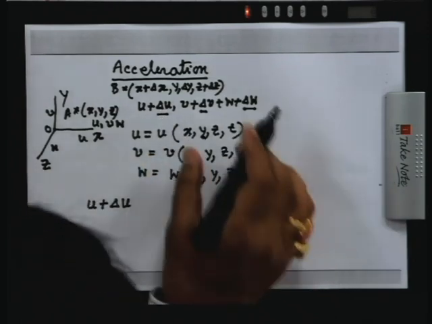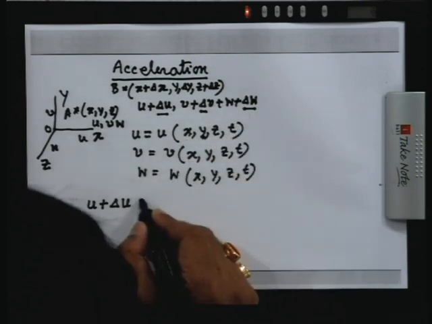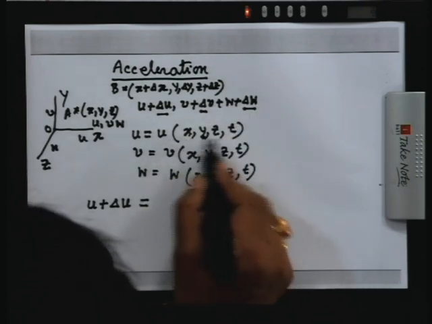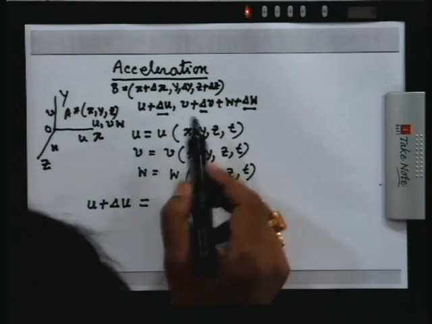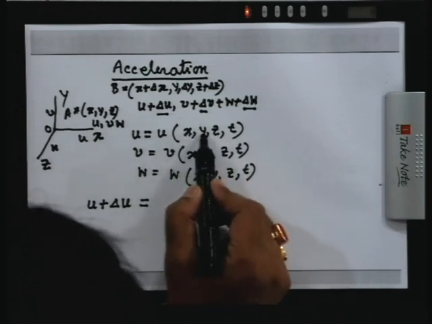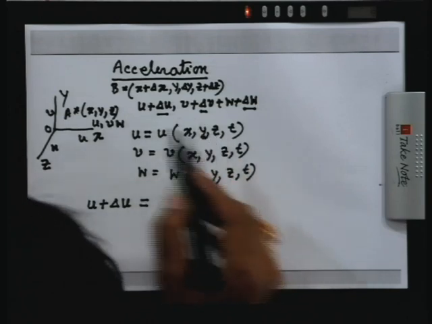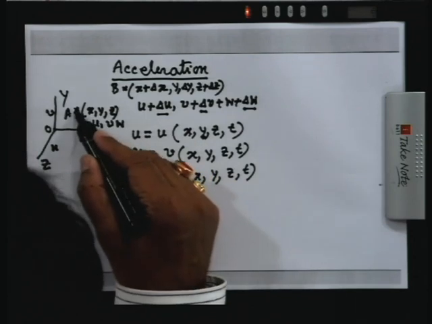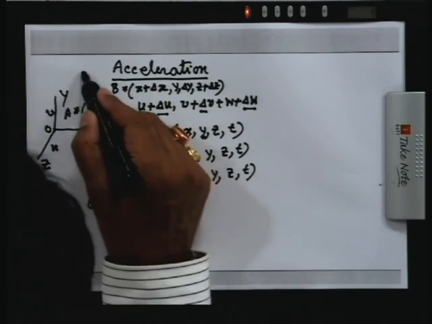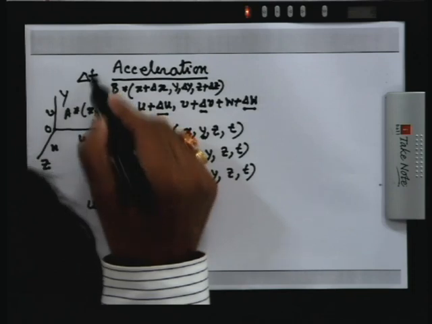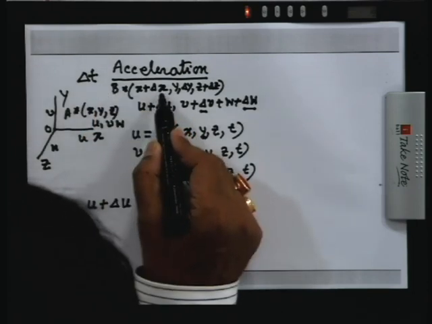Keeping this in mind and writing it mathematically, we expand this function in the neighborhood of x plus del x, y plus del y, z plus del z. A particle going from A to B takes a time delta t, since B is a neighborhood point with this velocity.